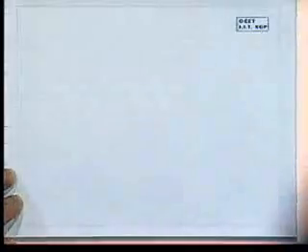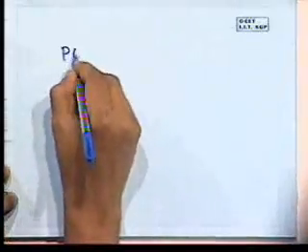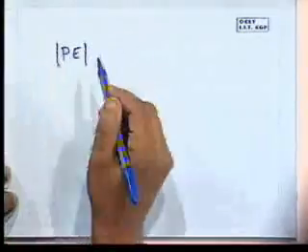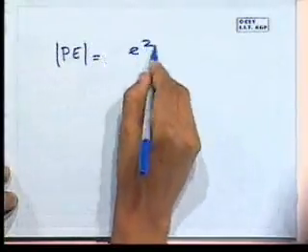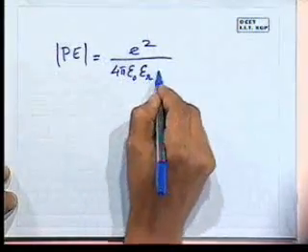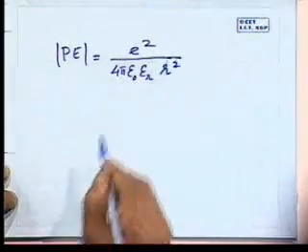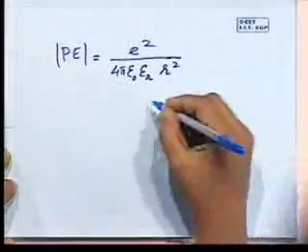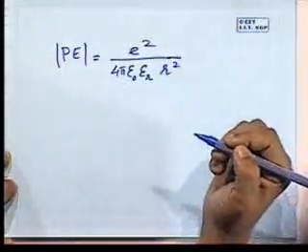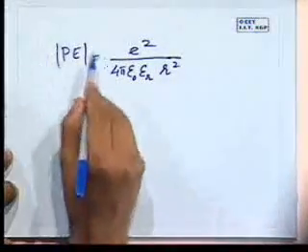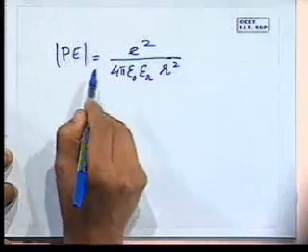Now we can write the electrostatic interaction, because we know it, the modulus, depending on whether it's acceptor or donor, it doesn't matter. We can write it as e squared by 4 pi epsilon naught epsilon r squared, where r is how close it is to that particular ion, this radius term there. Now the question is, we have an expression for potential energy, the interaction there.